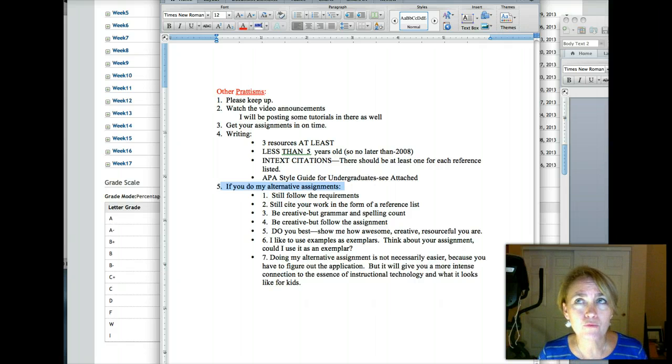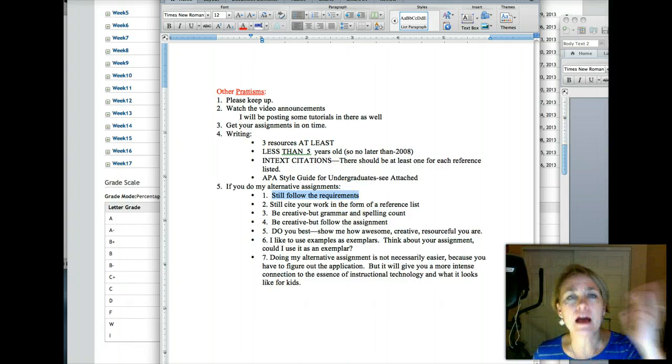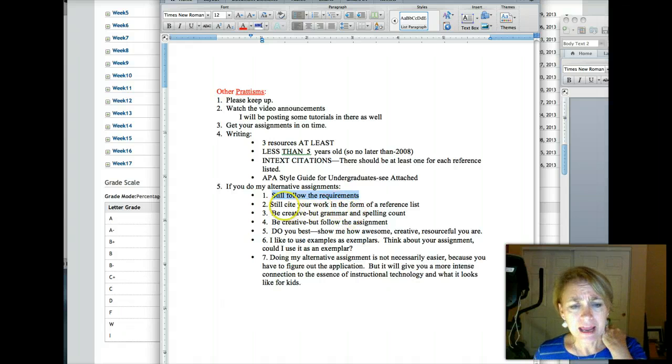I would really, really encourage you to, at least once over the course of our time, instead of writing the paper, do the alternative assignment. So here are the parameters for that. You'd still follow the requirements. In other words, you'd need to be communicating kind of the same topic, for sure. You still have to cite your work, but this would be more in the form of a reference list.